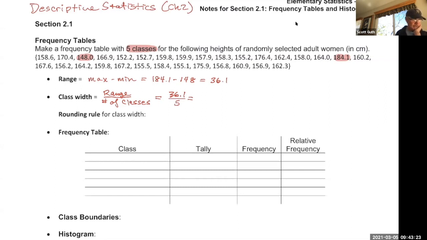And then you actually have to make this a little larger. So what'd you get for this? 7.22. Yeah, so 7.22. And I'm going to say that you always have to make this larger.